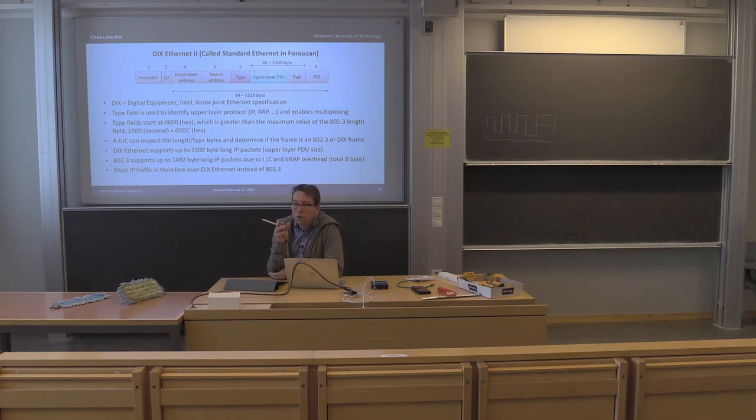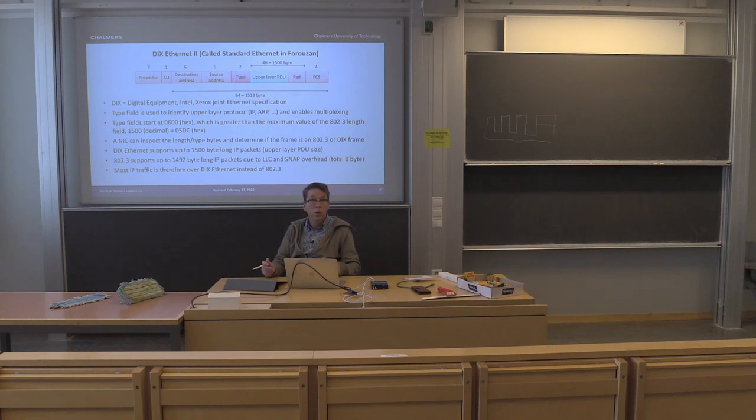Okay, so this is important because now if I'm attached to a medium and I get a frame, I can inspect these 2 bytes, and depending on the value of these 2 bytes, I can say, okay, this is a DIX frame or this is an IEEE frame. So I, as a receiver, can distinguish these two things by just inspecting the type field.